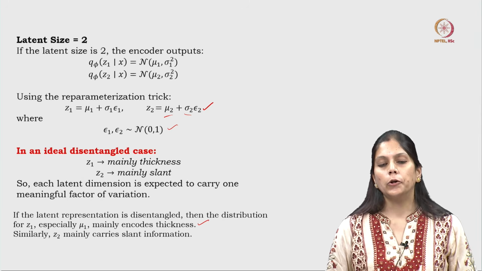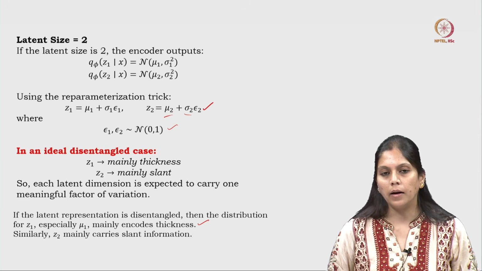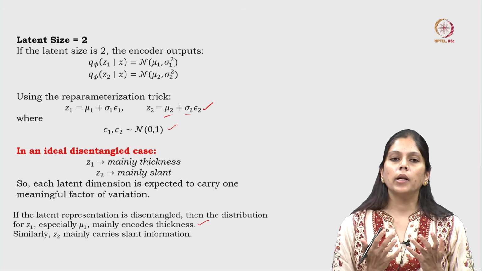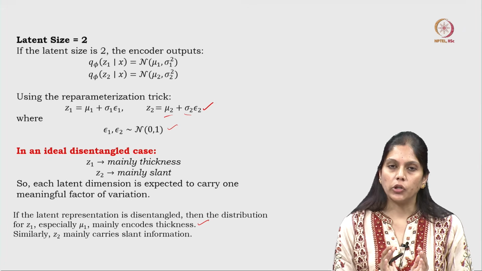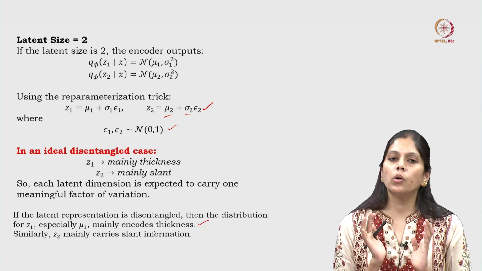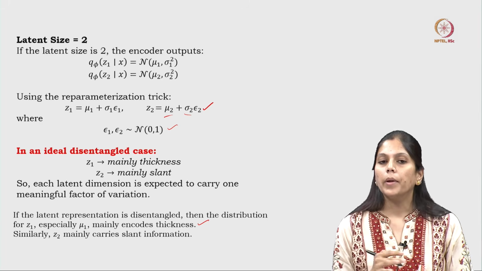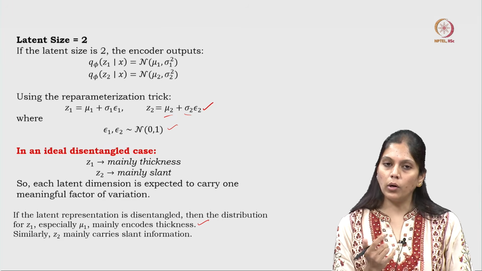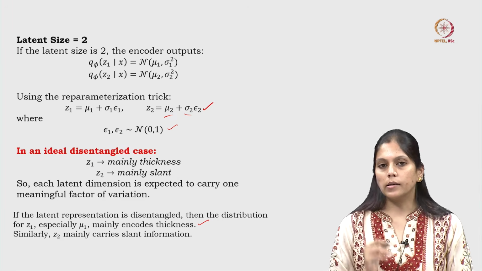Okay. So, what is the hidden intuition? Mean 1 is capturing only a little information. What is that little information? It is capturing only thickness. Mean 2 is capturing only a little information, which is only the slant.